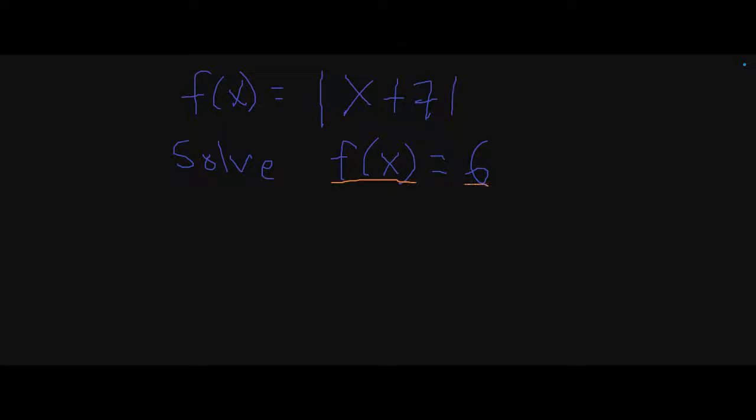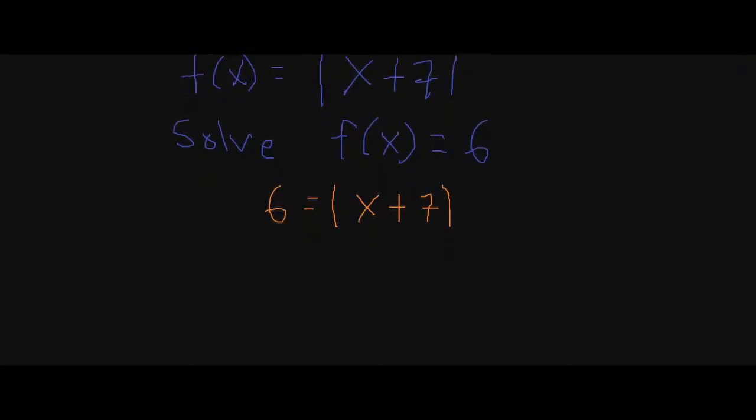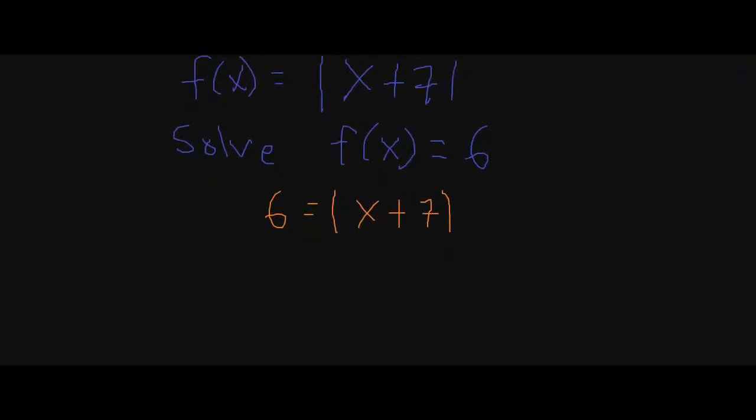f of x is equal to 6, so we're going to replace this entire thing in here with 6. So we're going to get 6 is equal to the absolute value of x plus 7. Now for some of you, you may know how to go about solving this in your mind. What number plus 7 will simplify to get a 6?